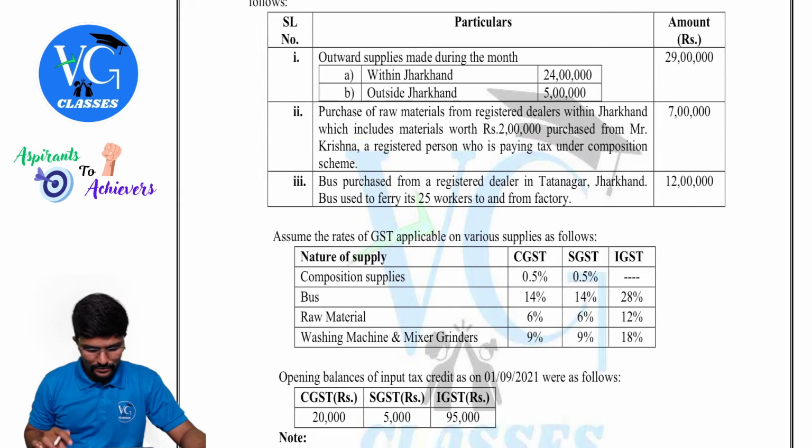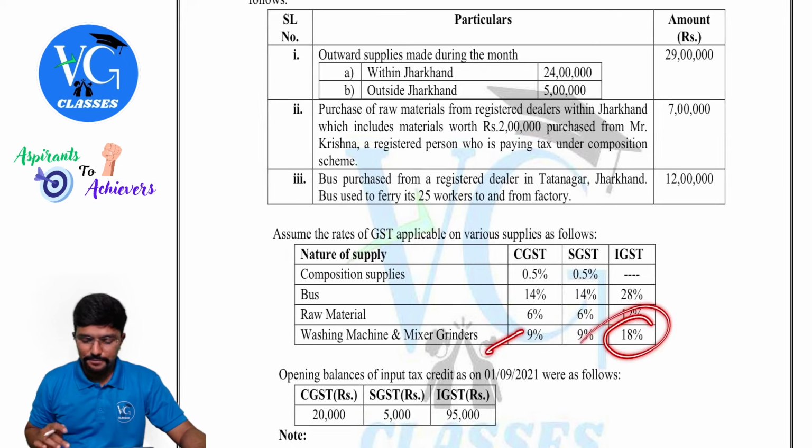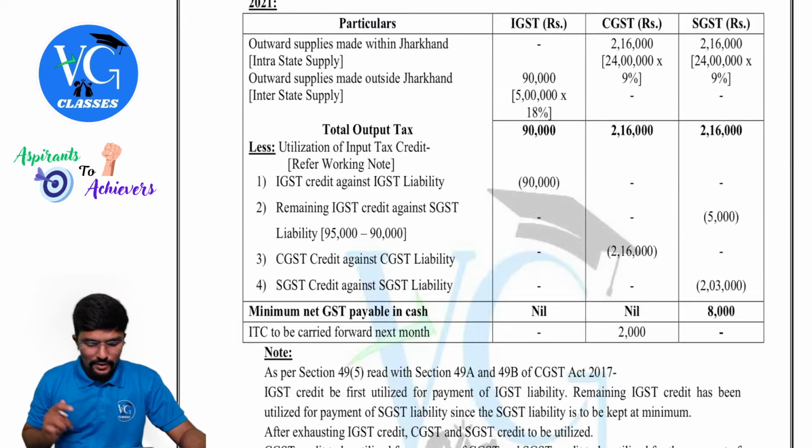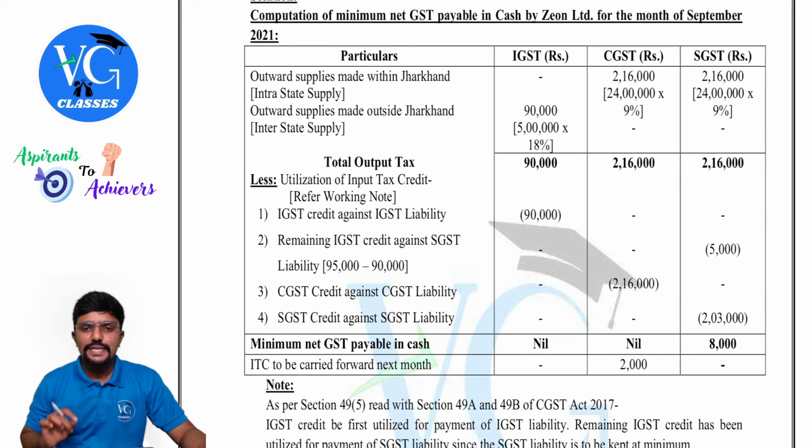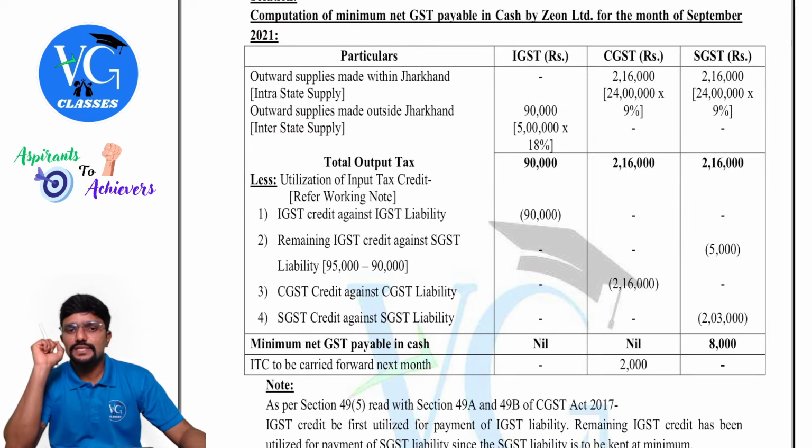Washing machines, so it is washing machine and mixer grinder 18%. Next, outward supply made outside Jharkhand, you will take 5 lakh into 18%. Total output tax 90,000 IGST, 2 lakh 16,000 CGST, and 2 lakh 16,000 SGST.